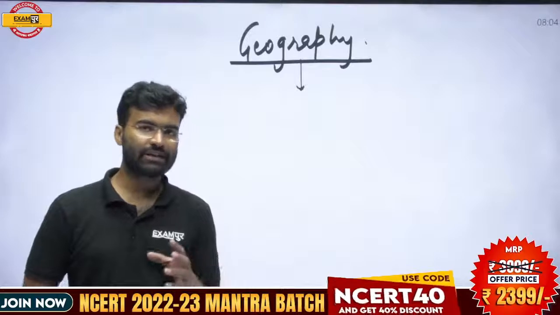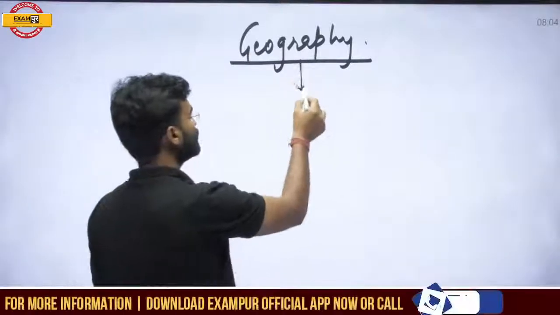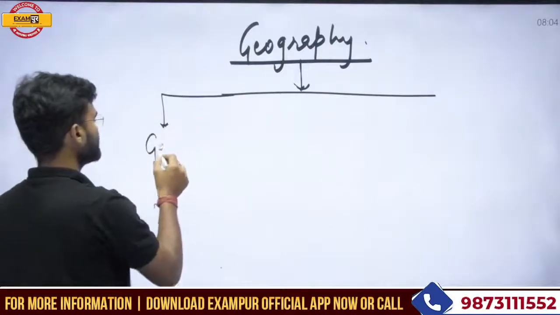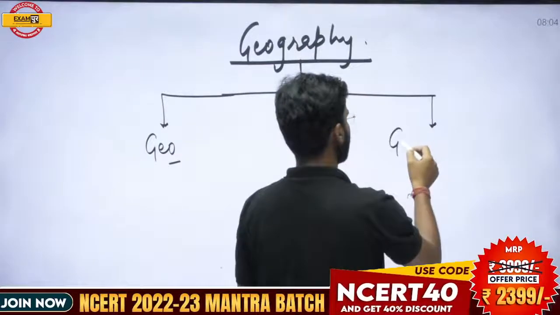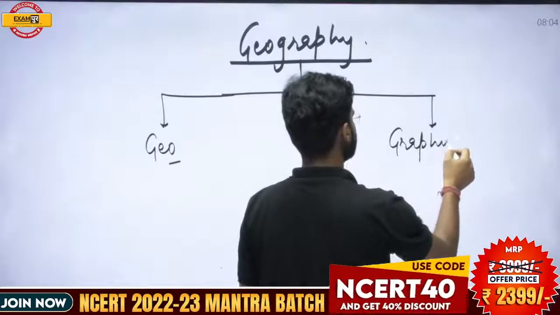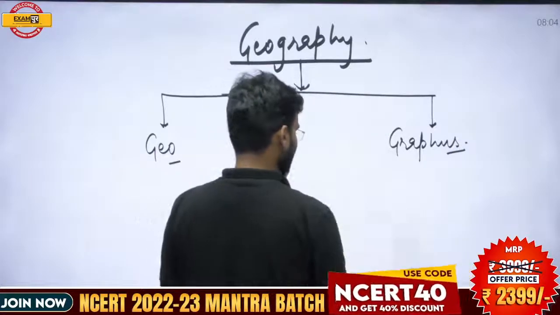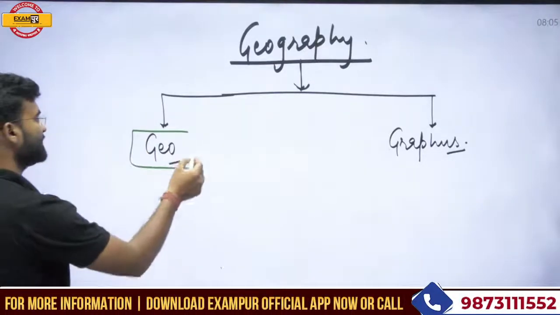Geography is basically a term made from two Greek words. The first word is geo, and the second word is graphos. From these two words of the Greek language, the word geography has been derived.